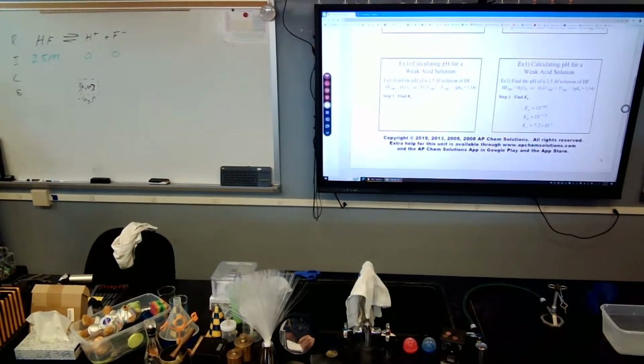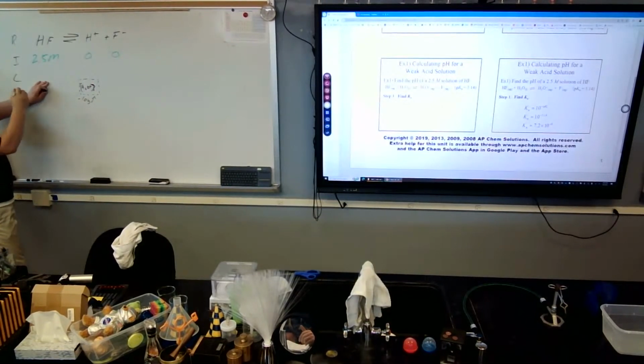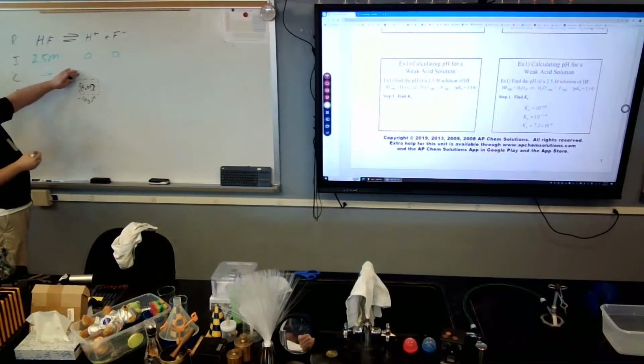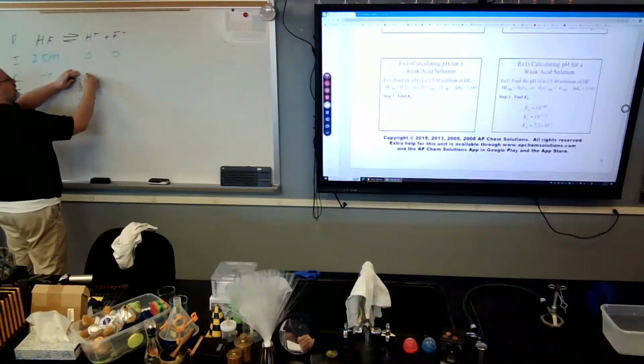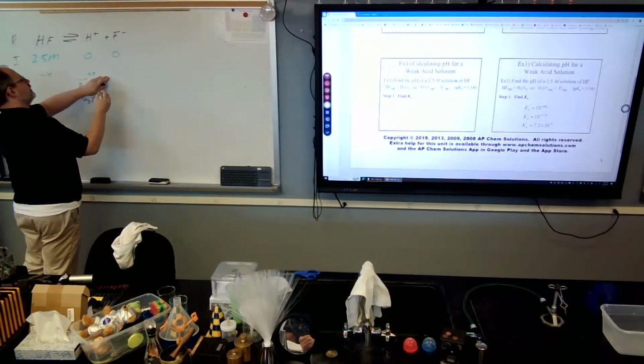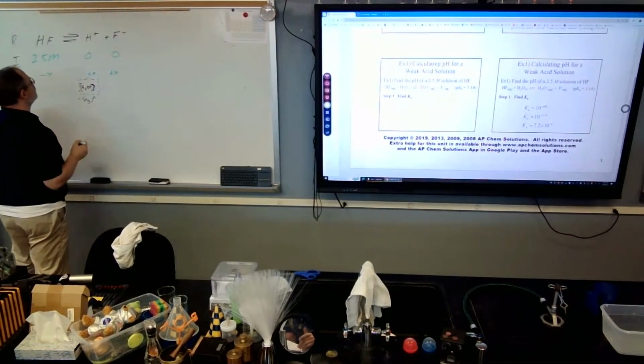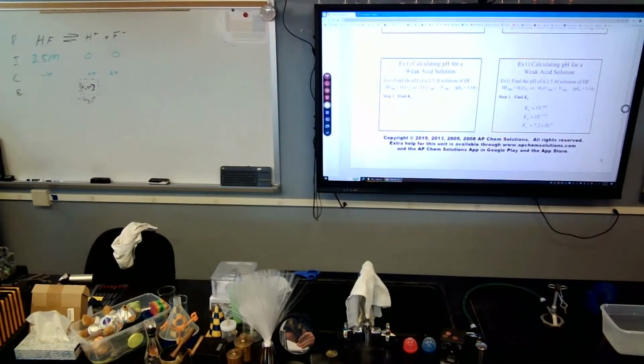This is the initial. Then the change is where we use our X's. What am I going to put in the change for HF? Negative X. And the change for H plus? Plus X. And the change for F minus? Plus X. Are you with me so far?